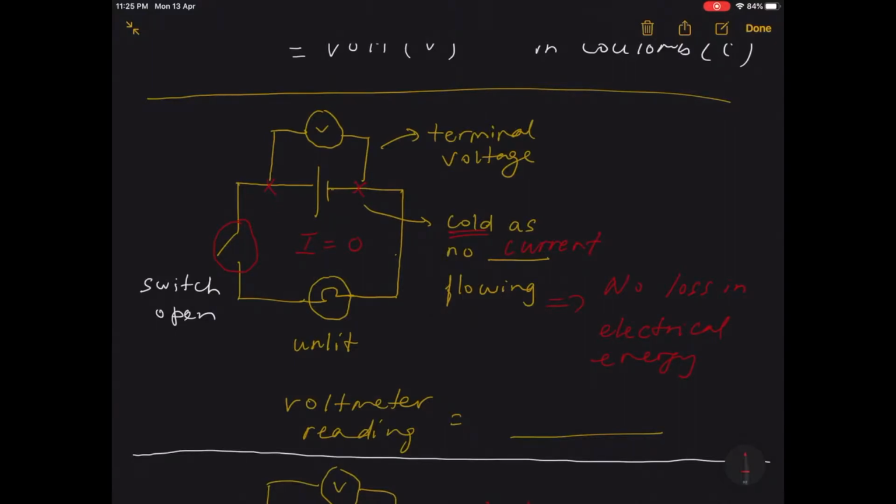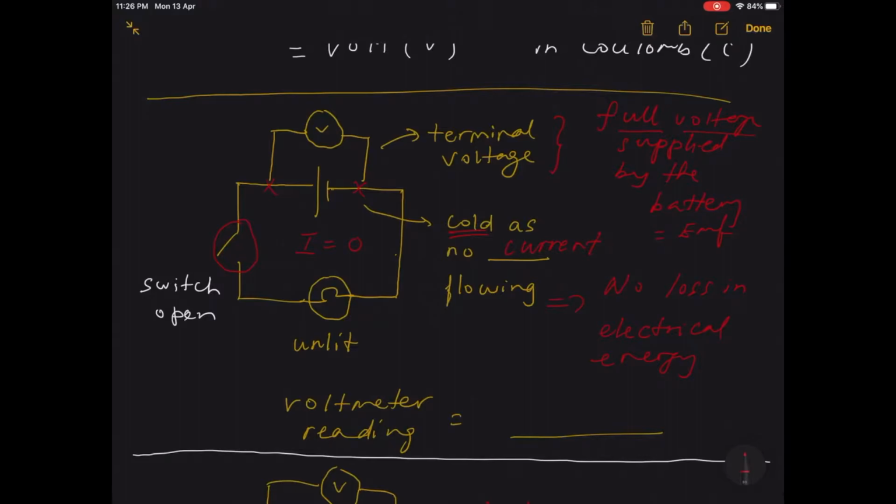So the voltage that you measure, and since you connect it across the battery we call it the terminal voltage, will give you the full voltage supplied by the battery. The key word here is the full voltage, and this voltage you call the EMF.